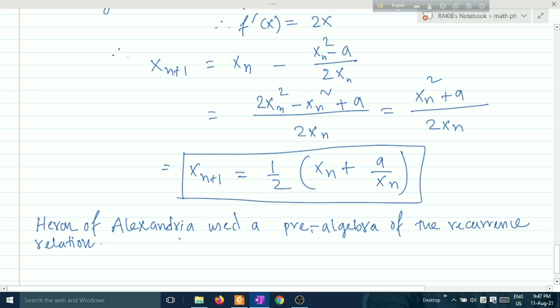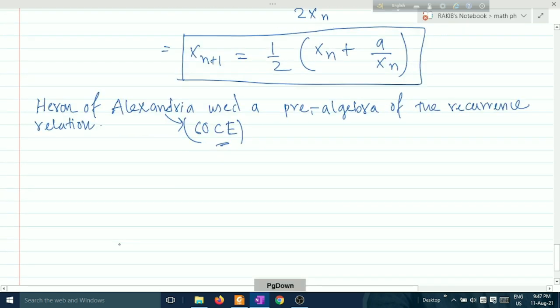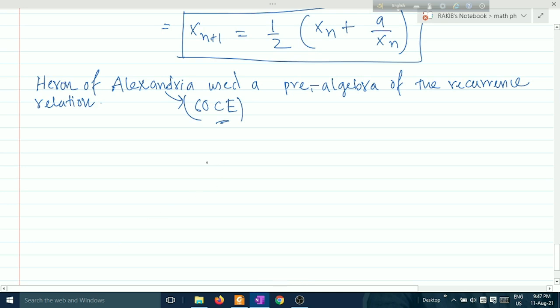In the age of 60 CE, in the time of 60 CE, this formula was useful, and in this time it is still useful. I am writing this from my copy, which is a smart piece of language.